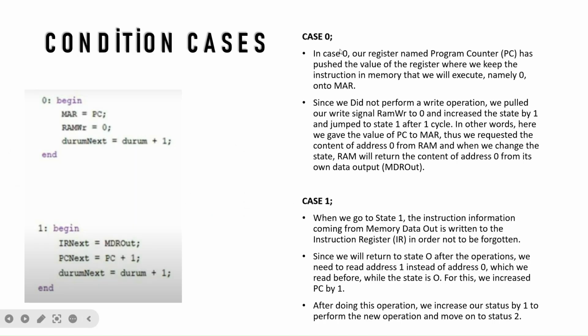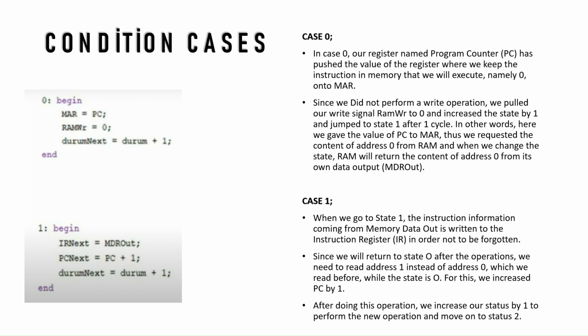Condition cases. Case 0. In case 0, our register named program counter, PC, pushes the value of the register where we keep the address of the instruction in memory that we will execute, namely 0, onto MAR.